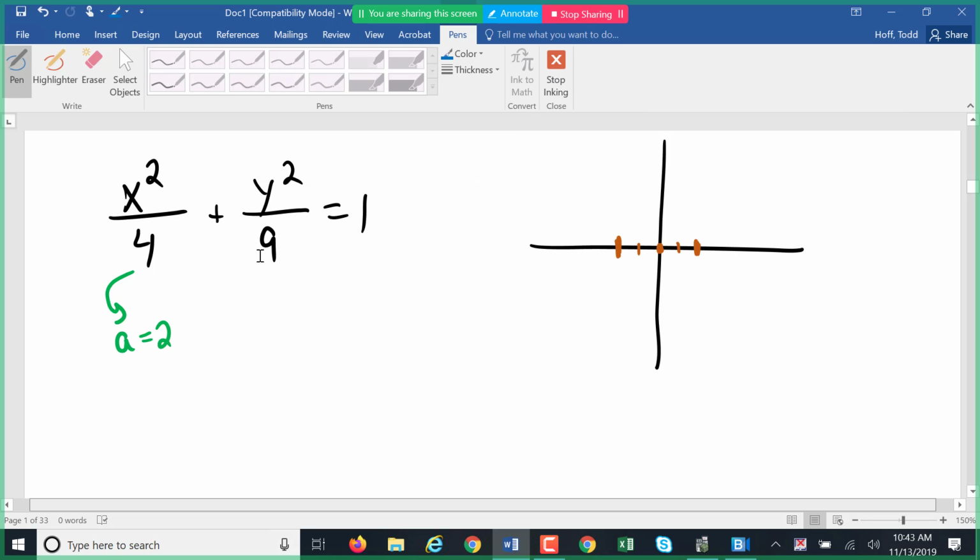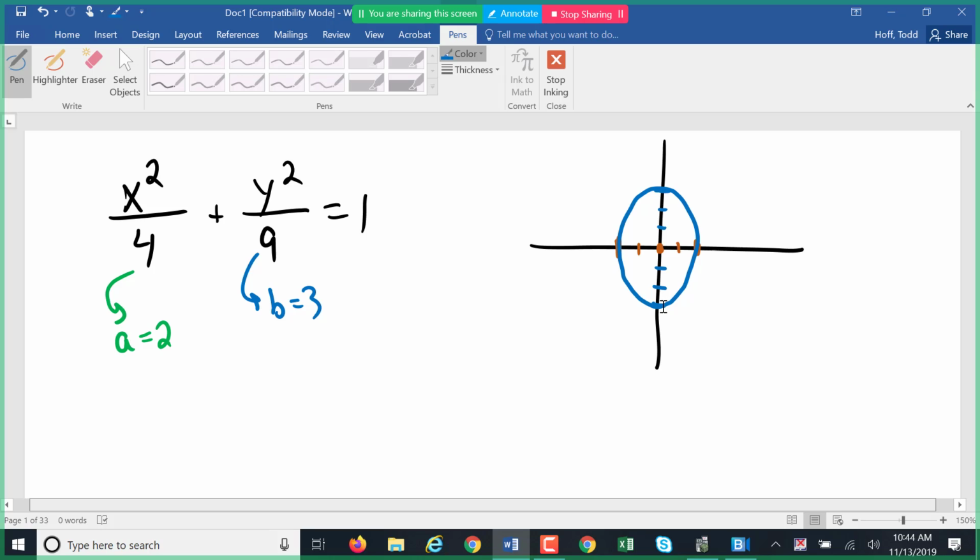The 9 here is telling us that b equals 3 because 3 squared equals 9. So once again, from the origin, I go up 3 units to get to the edge of the ellipse, or down 3 units. There's my ellipse.